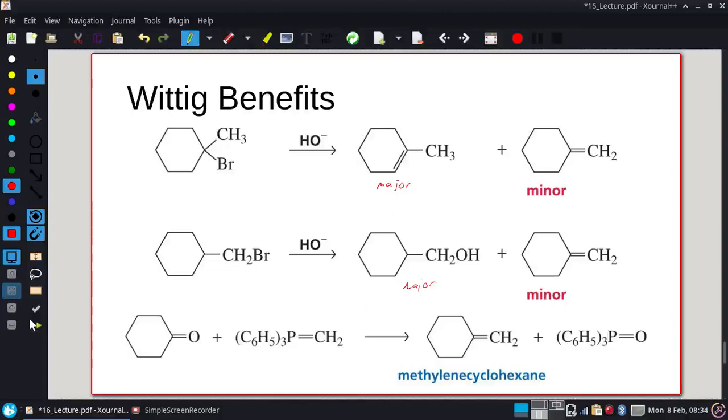Even with a bulky base, we're still going to get some substitution products because that's primary. Although Wittig gives me only one product. So if I start with cyclohexanone and put just a CH2 off of my Wittig, I would definitely get this as my only product, no mixtures at all.